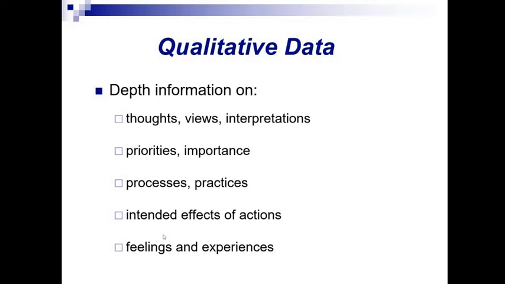Okay. The second one would be in relation to priorities and importance. So this is where we can actually get greater appreciation of qualitative data, because you can actually ask people in relation to how they prioritize certain things or put importance on certain things.